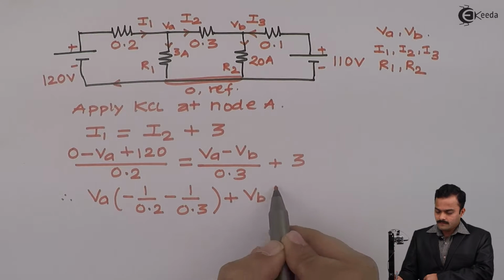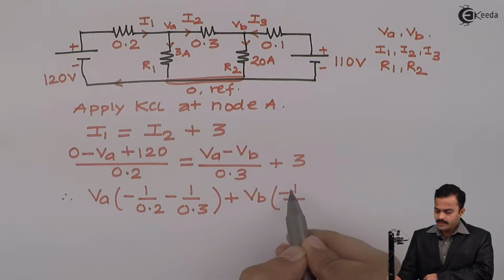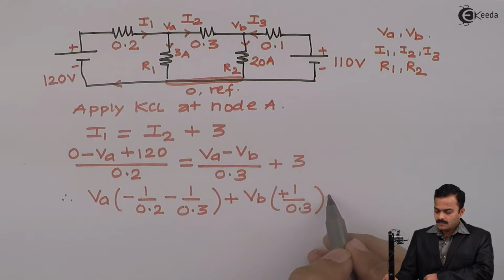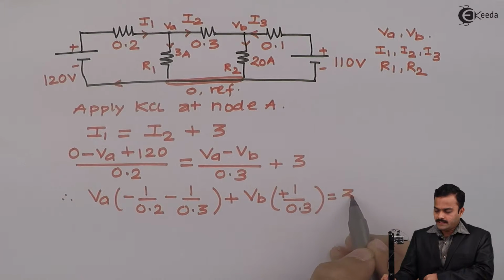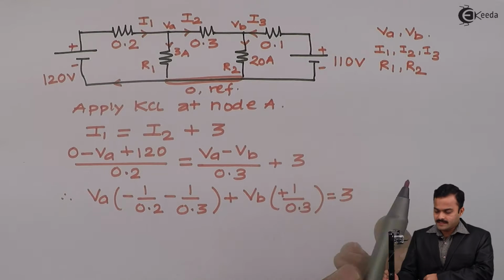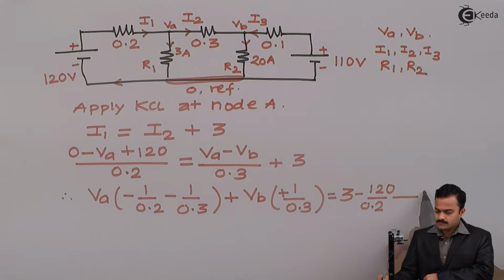So VB times plus 1 upon 0.3 equal to 3 I will keep as it is, and this constant will go that side. So it's minus 120 divided by 0.2. So I will consider this as equation 1.